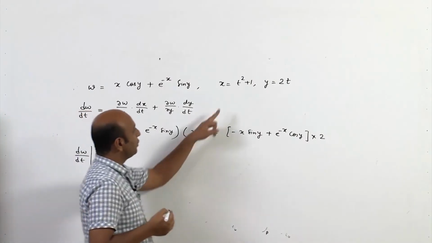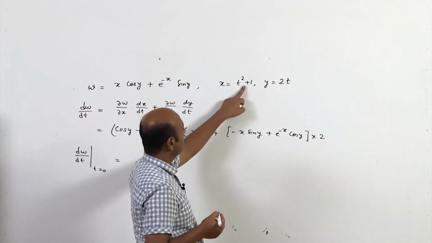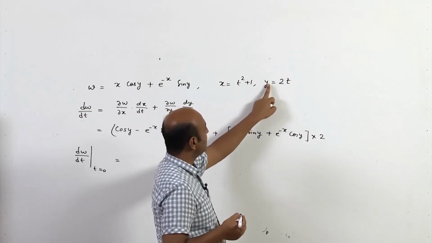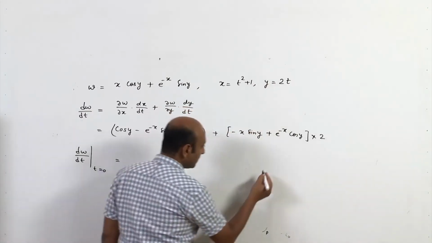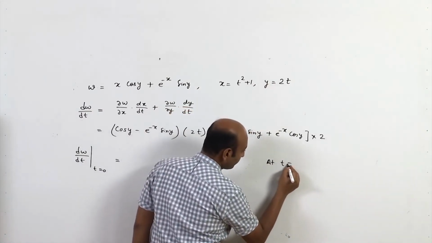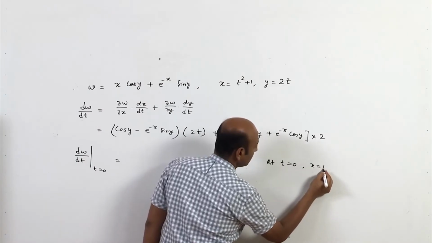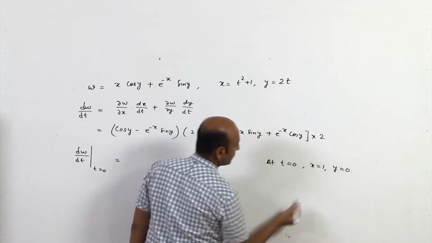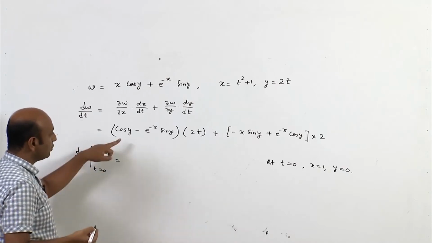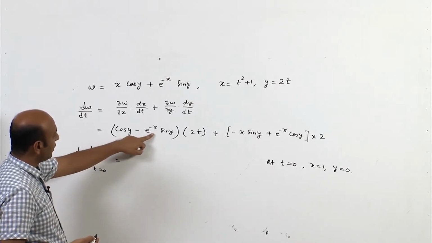Now, when t is 0, x is 1, and when t is 0, y is 0. So, you simply substitute x equal to 1 and y equal to 0.